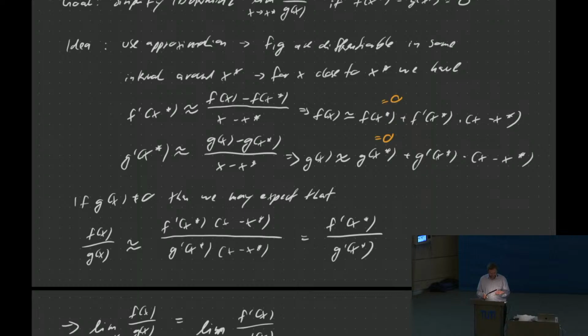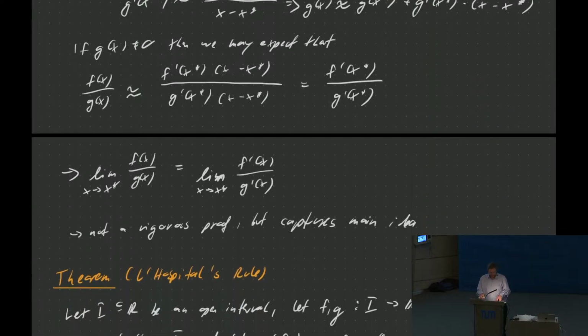So the idea that led to L'Hopital's rule is to say, well, if g is not equal to 0, then we can express that by the approximations, and this term just cancels out. So we're left with this. If we're close enough to x star, then this is probably a good approximation. And in the limit, we are getting close to x star, arbitrarily close.